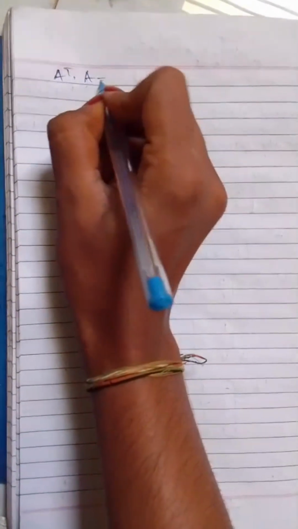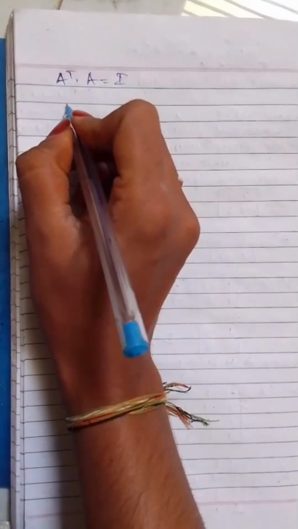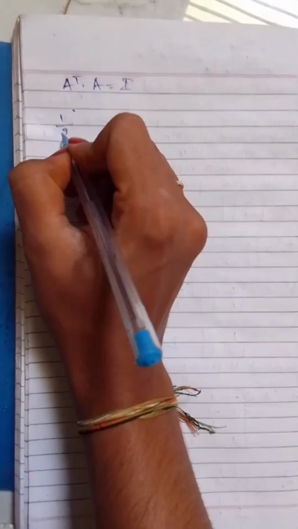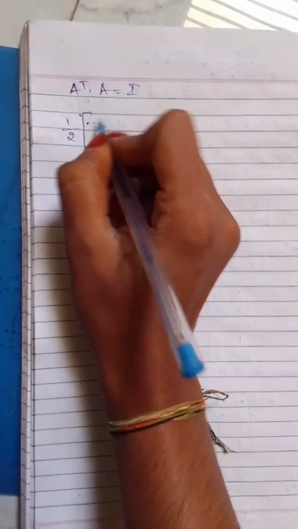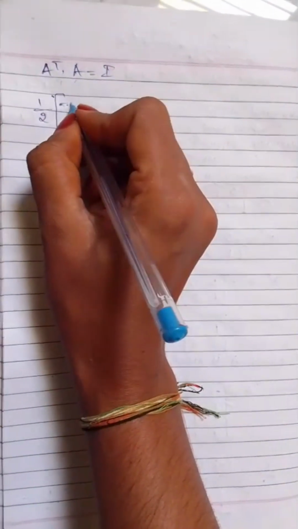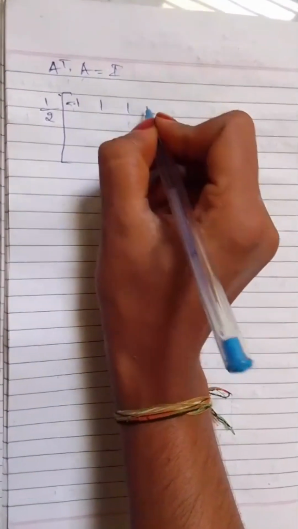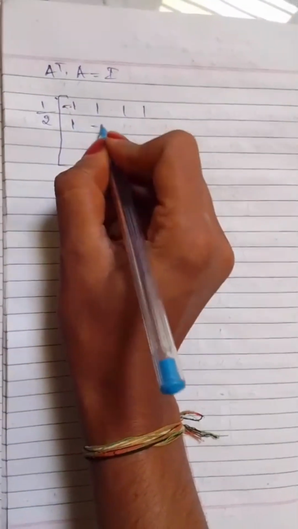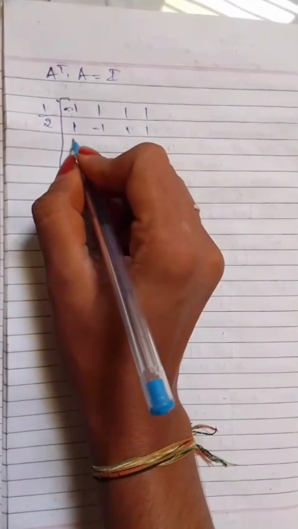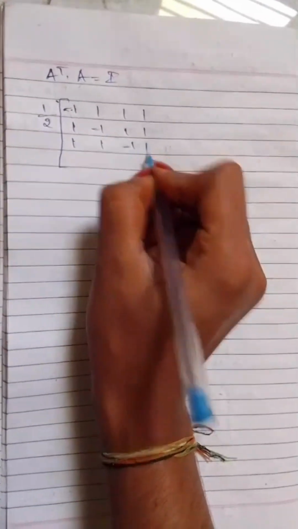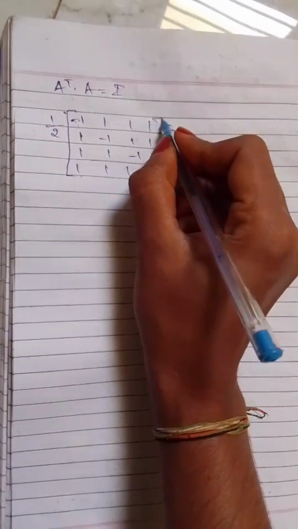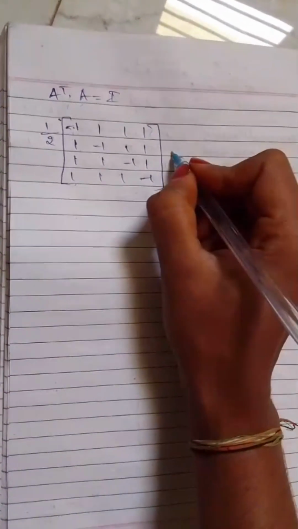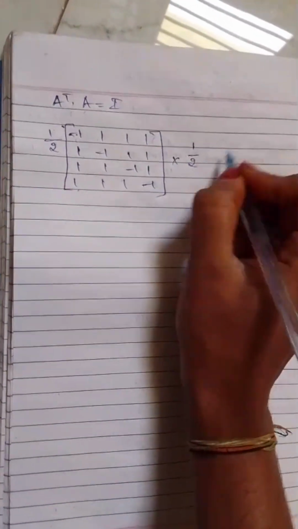Take the A transpose first: 1 by 2 into minus 1, 1, 1, 1; 1, minus 1, 1, 1; 1, 1, minus 1, 1; 1, 1, 1, minus 1.